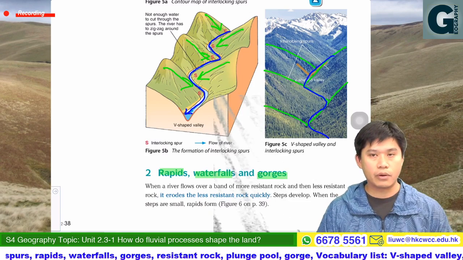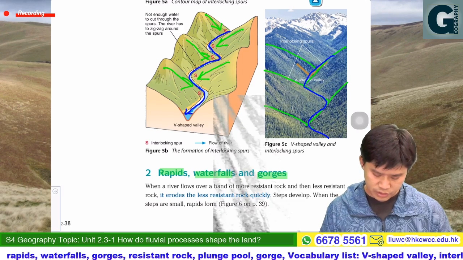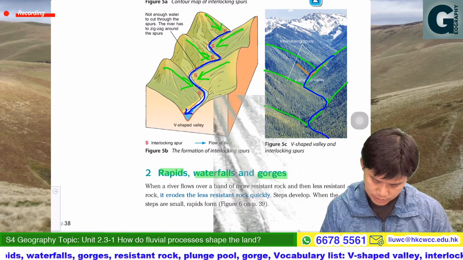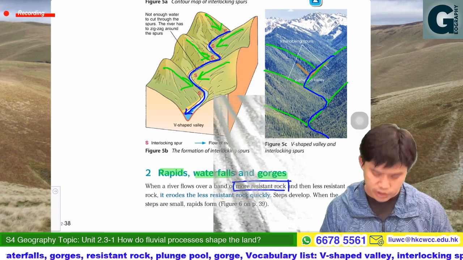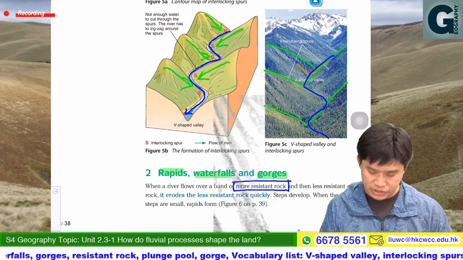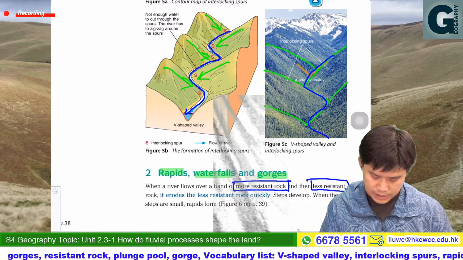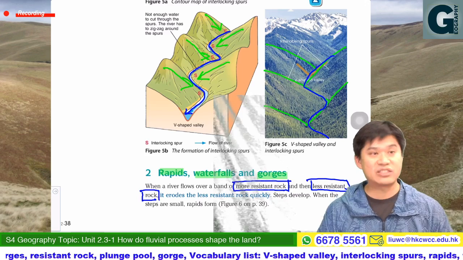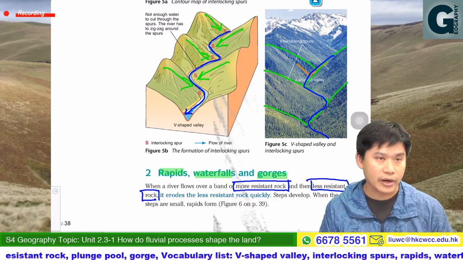There must be a criteria for the formation of these three features. It is about the geology, when there is more resistant rock and less resistant rock, which could be like layers.